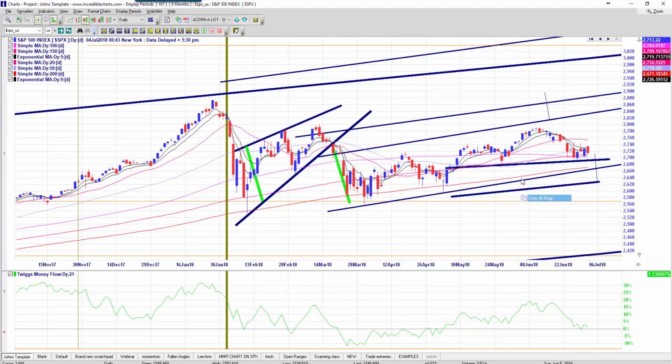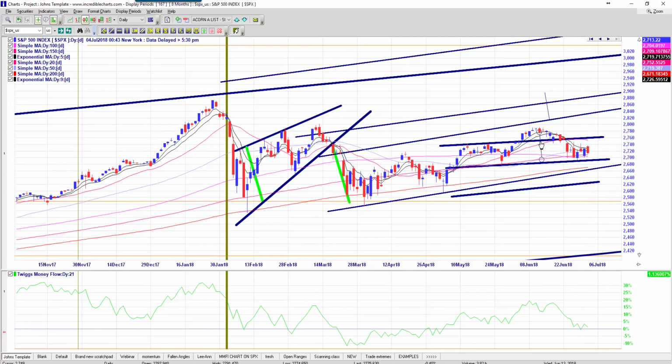Now, what that indicates is that we could see some bullish action in the short term, where we could basically rally up and kind of hit this 2760, 2758 kind of level, and then close down and then drop.